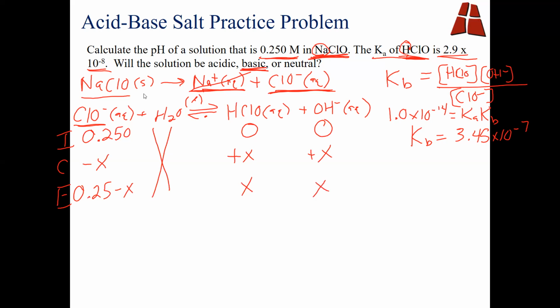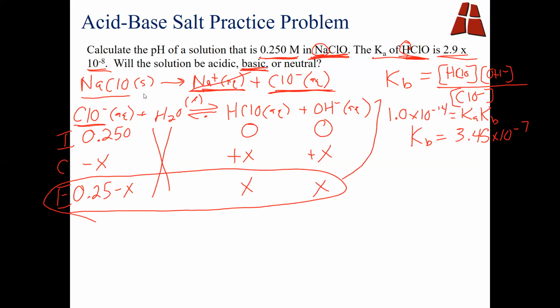Our next step is to plug in these values into our Kb expression. I'm also going to plug in our Kb value that we calculated. So 3.45 times 10 to the negative 7th is equal to x squared over 0.25 minus x. This is an x-is-small case.